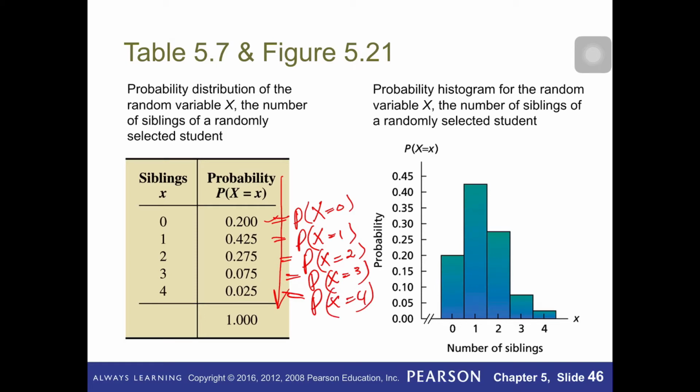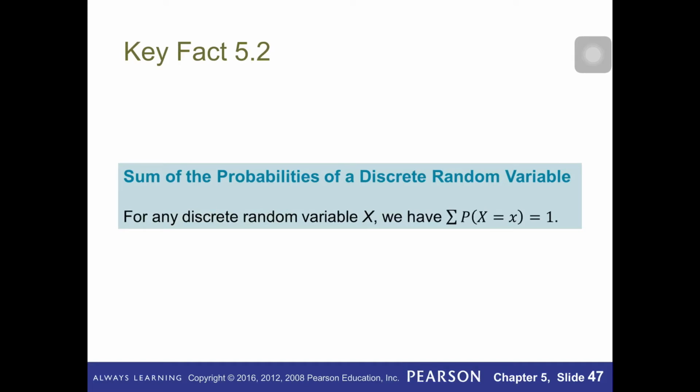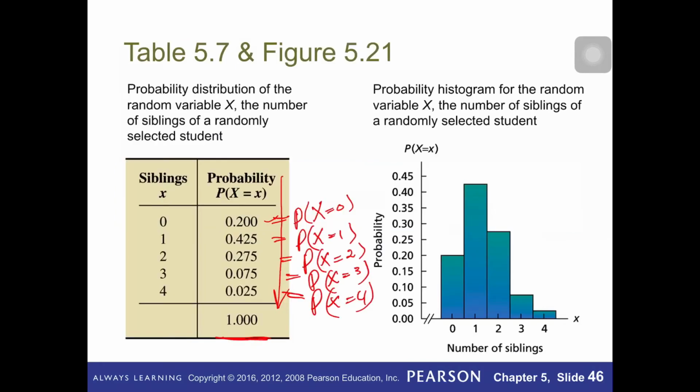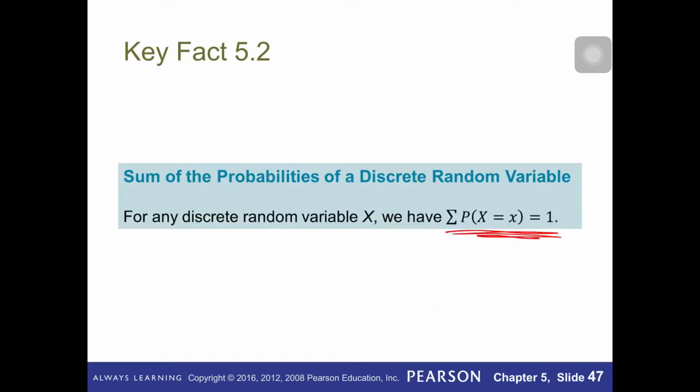Okay, when you add these probabilities, the final value is 1, it should be 1. Okay, when you draw a histogram based on these results, you will see this kind of pattern. Sum of probabilities of a discrete random variable should be 1. So, this is what we have mentioned here.